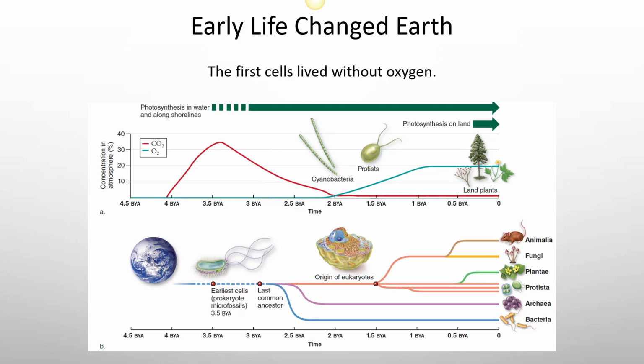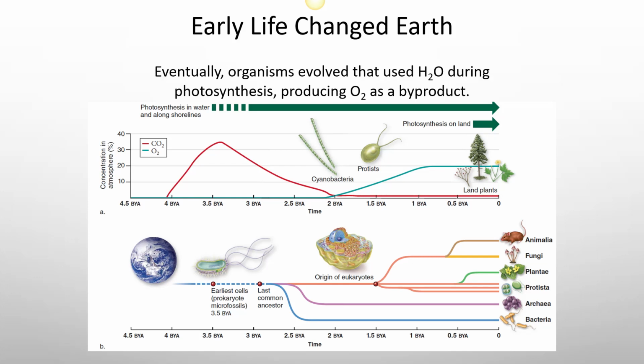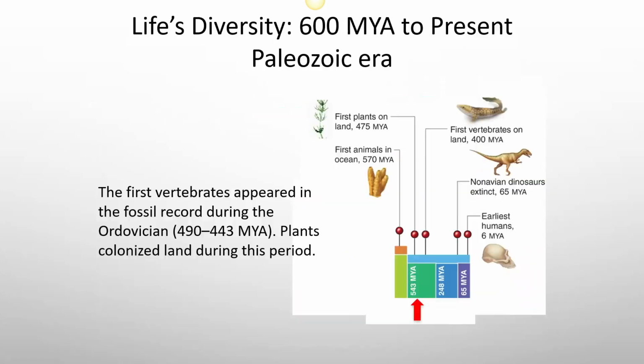Oxygen allowed for increased energy production, so they could make energy in a much more efficient way, and with all of that extra energy, they were able to build more things and create organelles, and all that type of stuff started happening. Eventually, organisms evolved that use water during photosynthesis, producing oxygen as a byproduct. And once oxygen filled the earth, then we started to have a boom in the creation of new species.